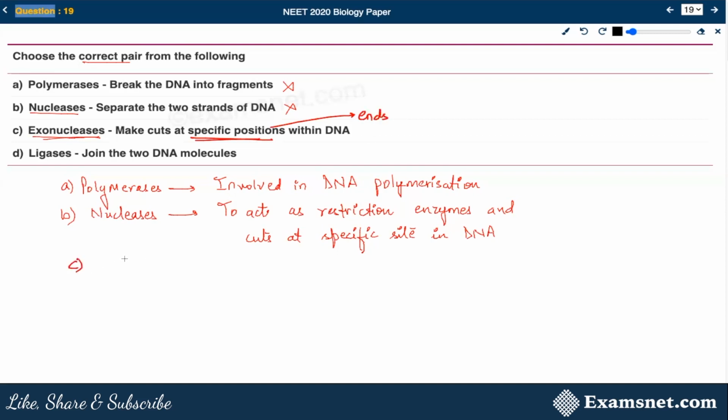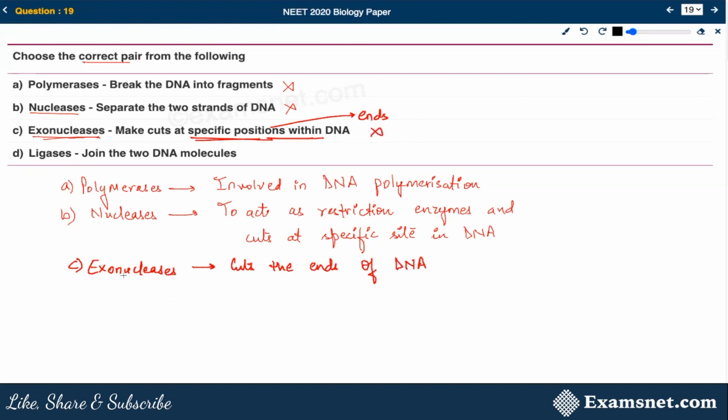Option C, exonucleases, could also be correct, but it has not been mentioned here: the option says at specific positions, not within DNA, but at the end of DNA. So exonucleases cut the ends of DNA. Clear? So again, this is also a wrong option.